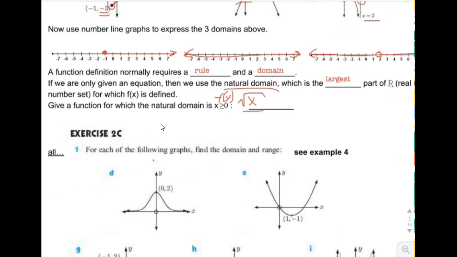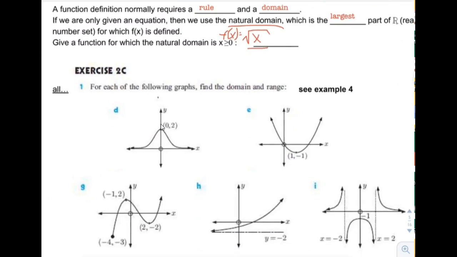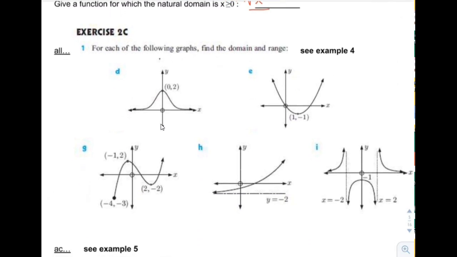Okay. All right. For each of the following graphs, find the domain and range. Like for this first one, D, x is all real numbers, right? All real numbers. What about y? Y ranges from here to here. Oh, and look at this, a little bit tricky.